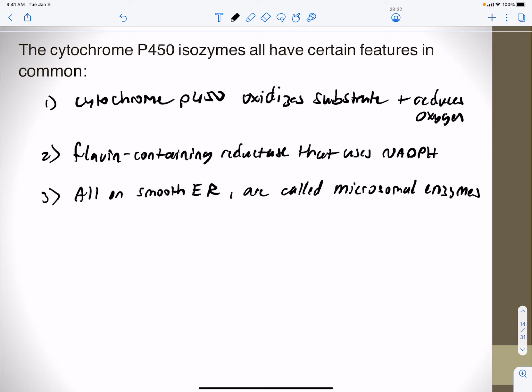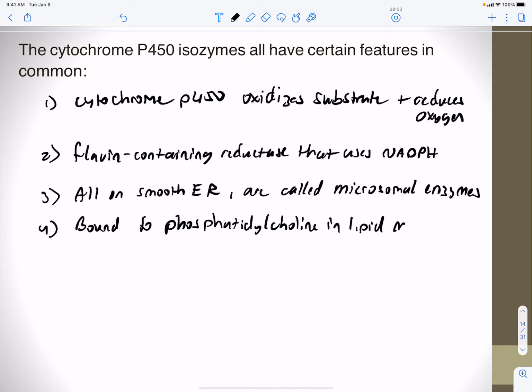They're all bound to the lipid portion of the membrane, and it's thought that they're probably all going to be bound to phosphatidylcholine. They're all going to be inducible by their substrate.